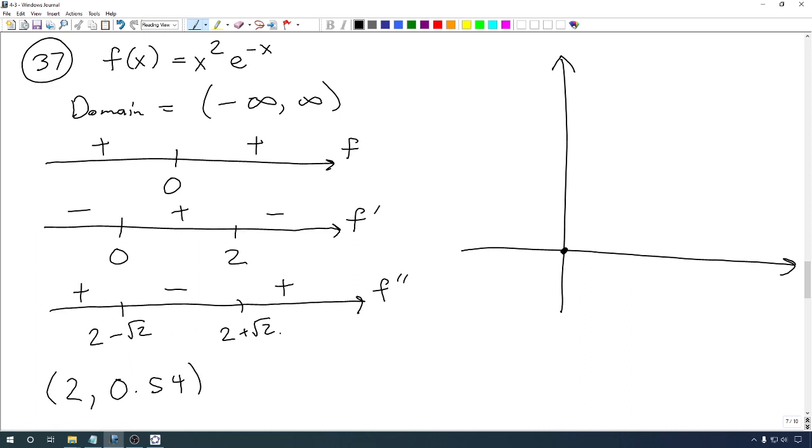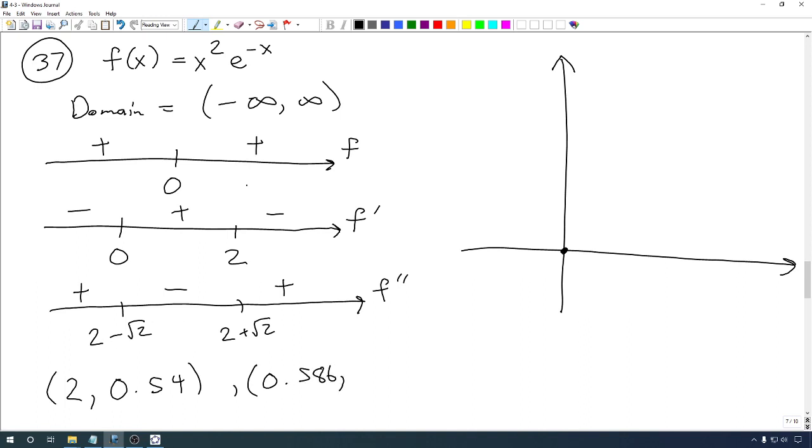I also went ahead and put these in, and again, just using a calculator to give me numbers I can go ahead and plot, so I know where they are relative to the integers and all that. 2 minus square root of 2 is actually equal to 0.586 and so on.